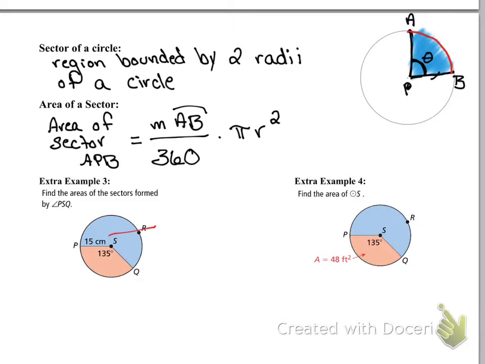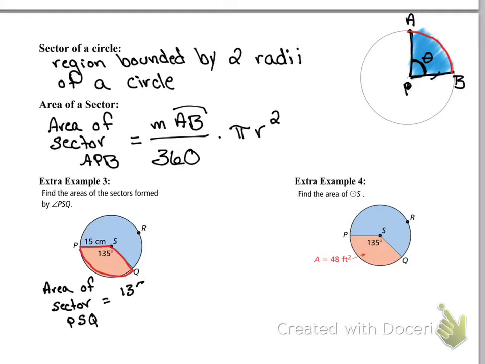Here we want to find the area of the sector formed by angle PSQ. So we're trying to find the area inside this guy right here. To find the area of sector PSQ, I take what part of the whole circle?